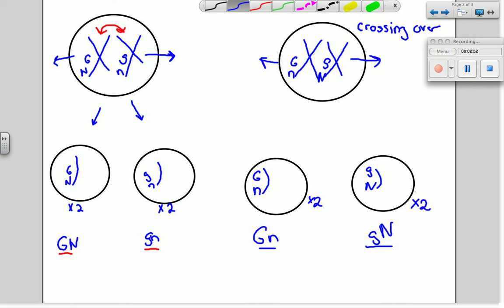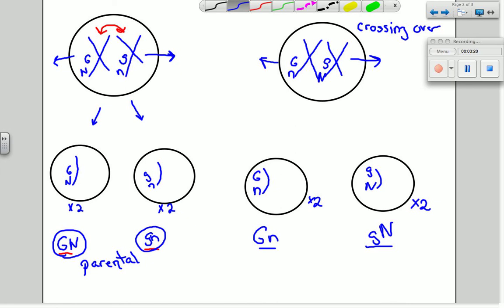Now, these original 2 gametes produced here are known as my parental gametes, because the segregation of chromosomes in these 2 cells directly reflects what the parent had. Capital G and capital N were on one chromosome, lowercase g and lowercase n were on the other chromosome.